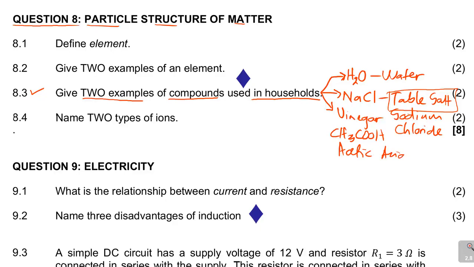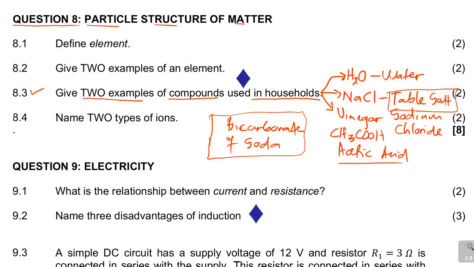And then when you are baking, remember the bicarbonate of soda, that is another one. That is your baking powder. So anything that is a compound, as long as you know its chemical name, like bicarbonate of soda, or your vinegar, which is acetic acid.